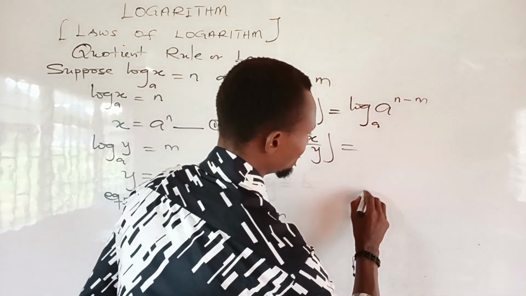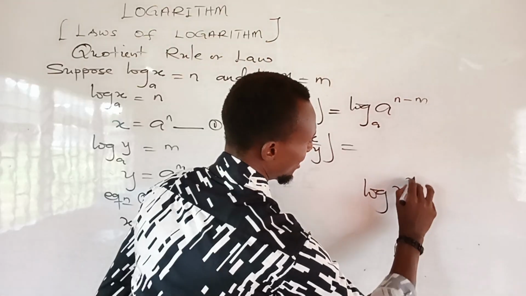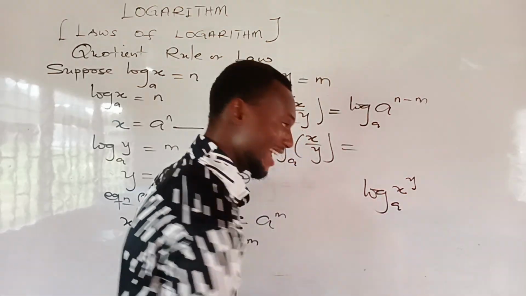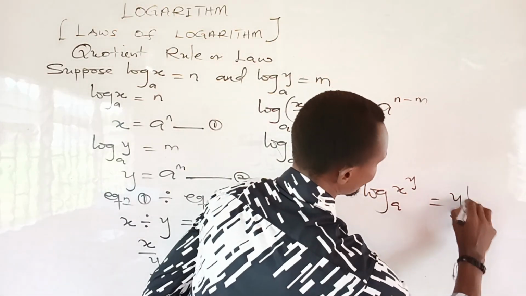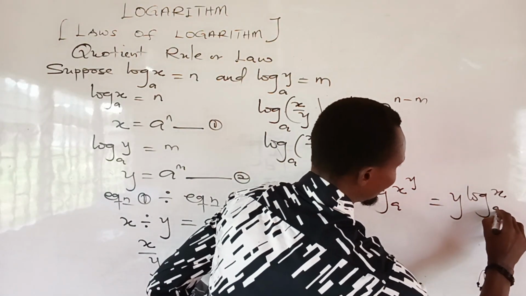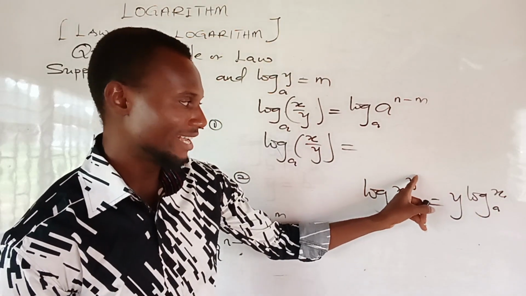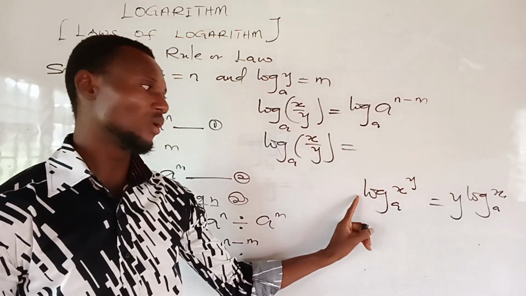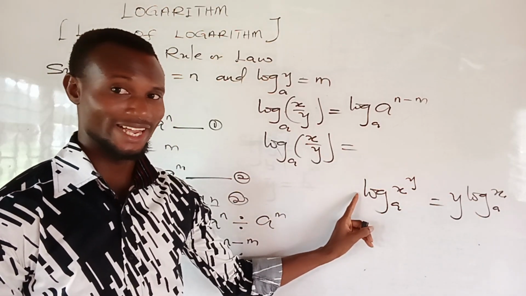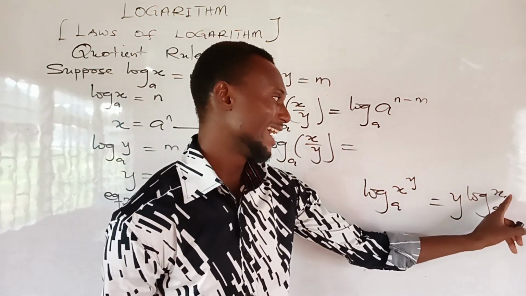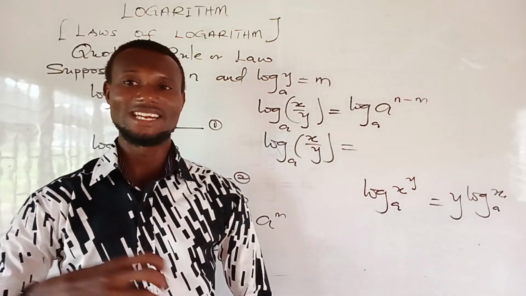Okay, let's say I have log, let's say s to the power y to the base a. This can be written as y log s to the base a, because I've explained in the previous videos that the power here can simply come and become a coefficient to the log. So this power just moves to the front of the log. Okay, so written as y log s to the base a, as simple as that. I've explained this in detail in the first video.